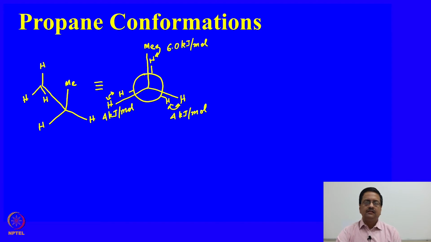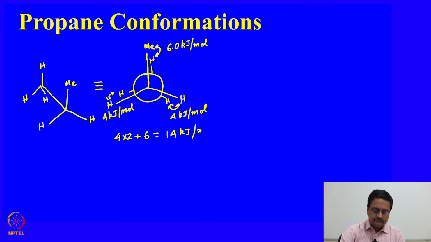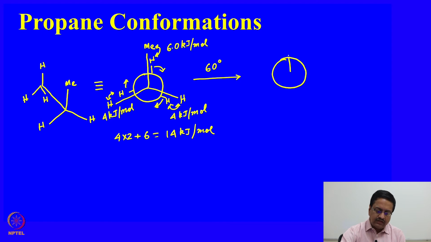So, overall, the total torsional energy associated with this conformation of propane is 4 into 2 plus 6, equal to 14 kilojoules per mole. If I rotate the back carbon by 60 degrees, we get the corresponding gauche conformation, which would look like this.